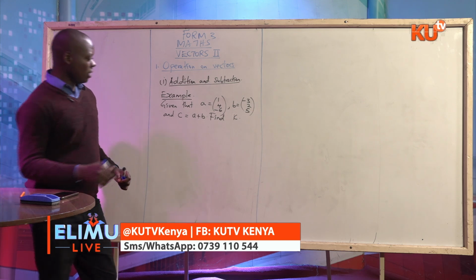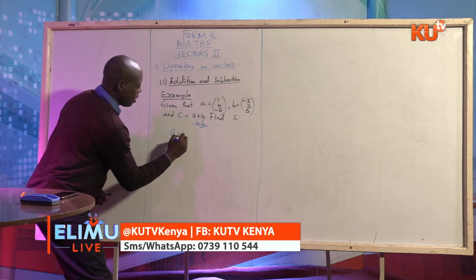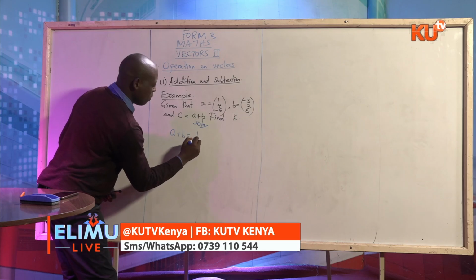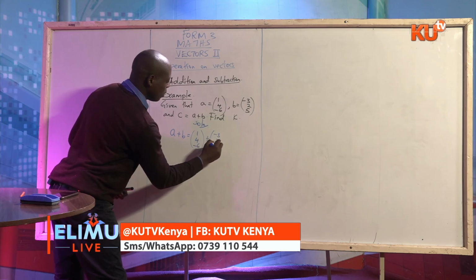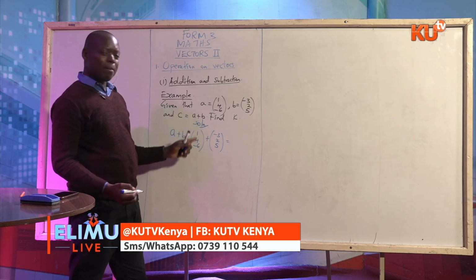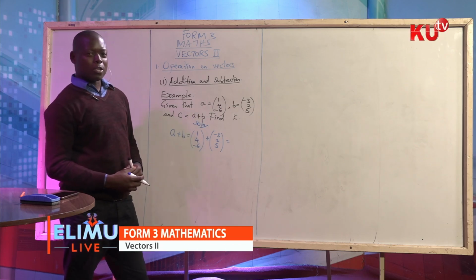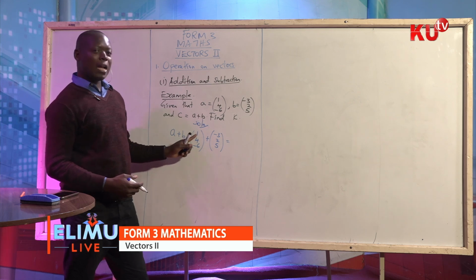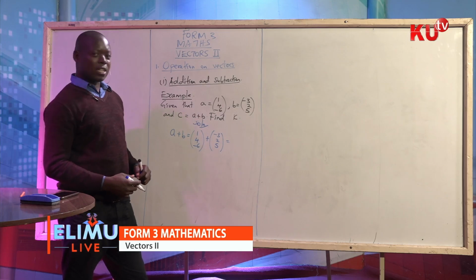Fine. What we do is we highlight the vector A plus B. What is A? 1, 4, and negative 6. Add B. What is B? Negative 3, 2, and 5. These two vectors have elements representing the X, the Y, and the Z. To work them out simply, add the X, add the Y, and add the Z separately, and then obtain your sum.